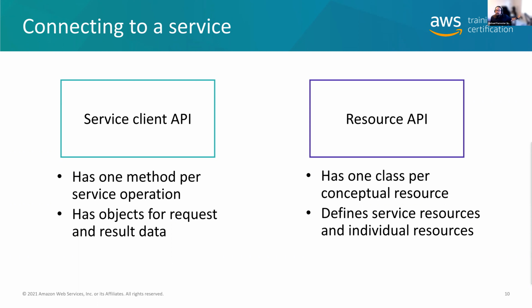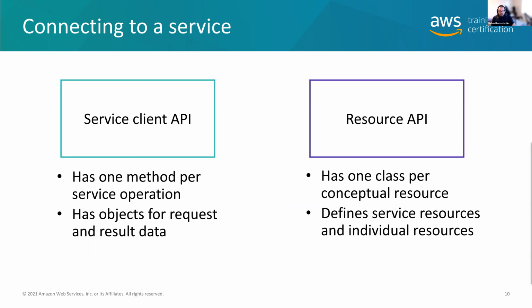So service client APIs, just like infrastructure as a service or PaaS or whatever, give you more control, right? But you might have to orchestrate a little bit more in order to get that to function. Resource APIs are higher level abstractions. You don't necessarily get as much granular control unless you really want it, but it makes these objects easier to call and execute.